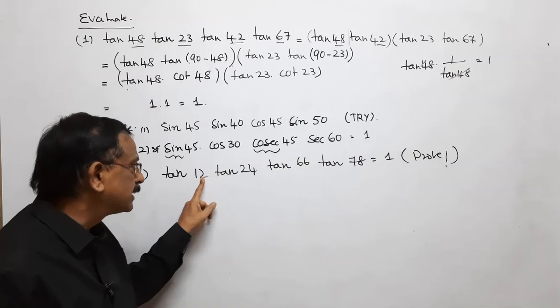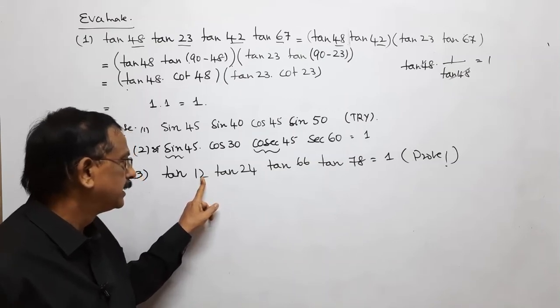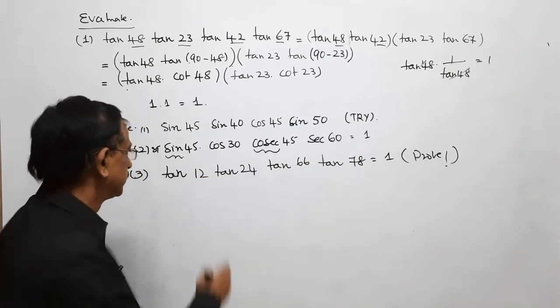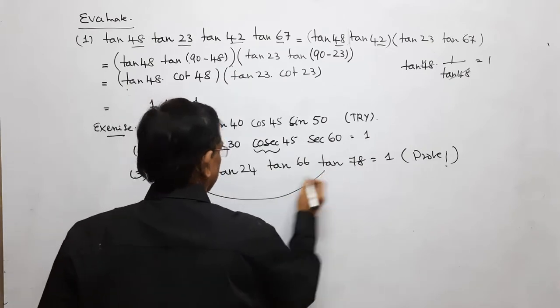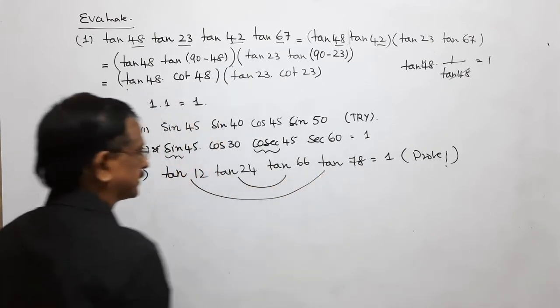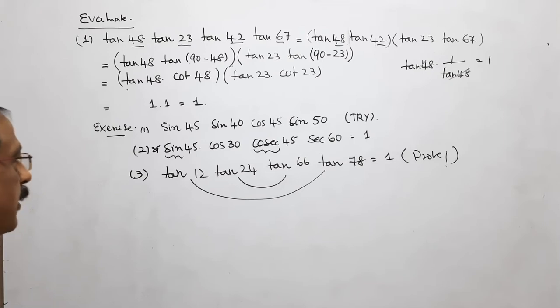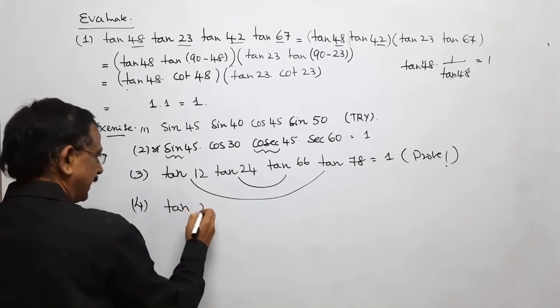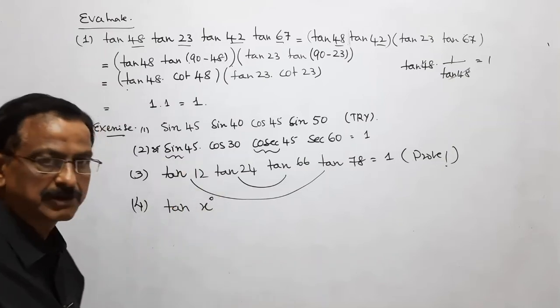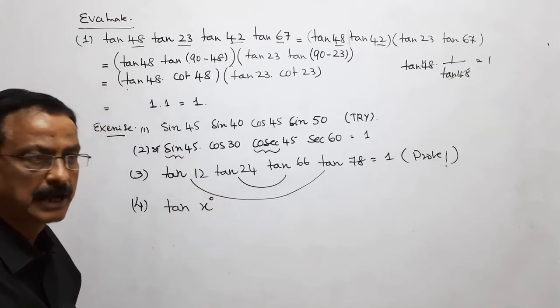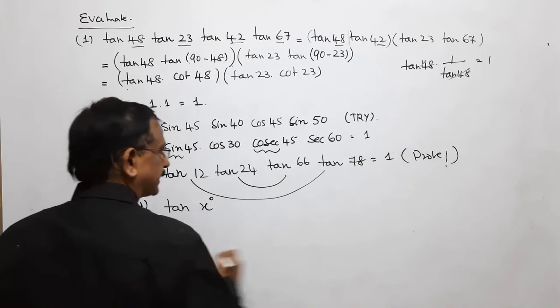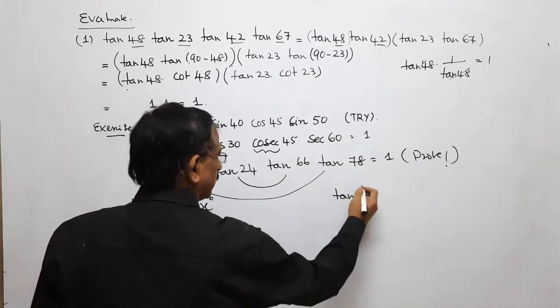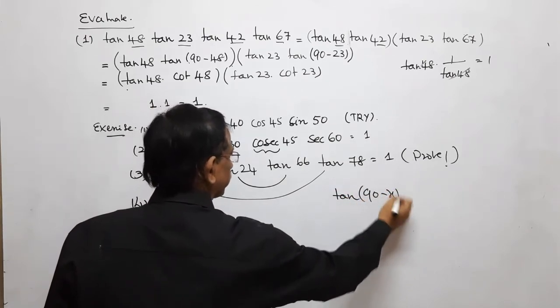Because tan 12 and tan 78, tan 24 and tan 66. This way you can formulate any problem. For example, I want to write tan x degrees, whatever x may be, 1 degree, 2 degrees, half a degree, and I will write tan 90 minus x.